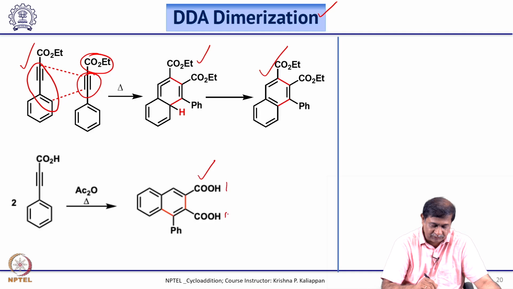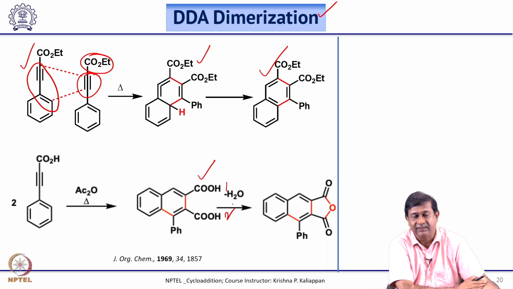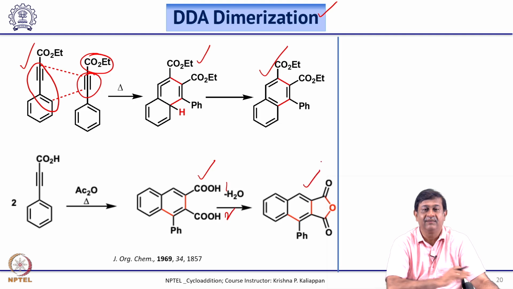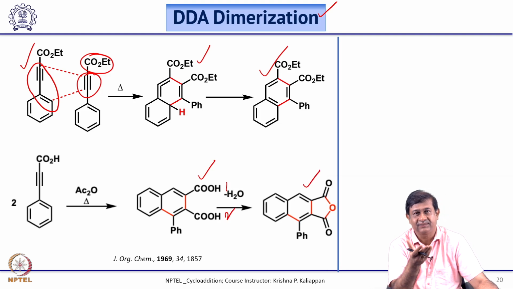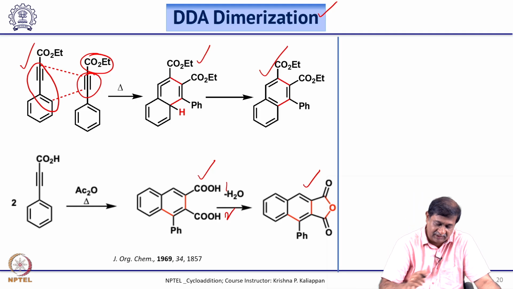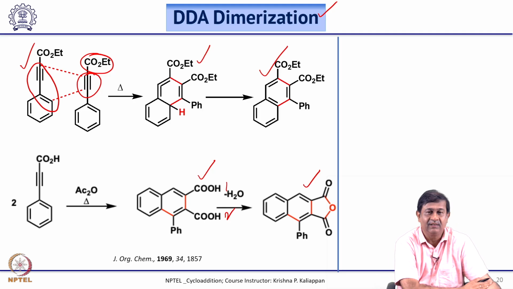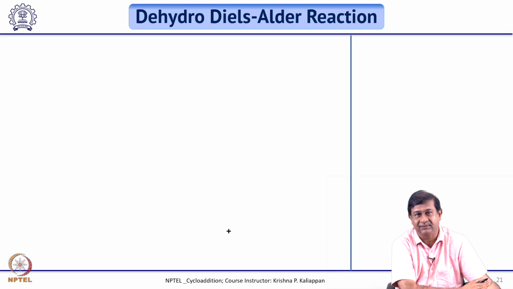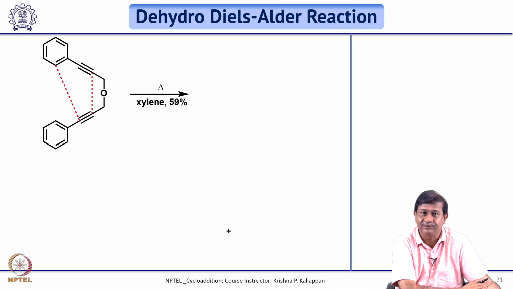This 1,2 dicarboxylic acid will undergo anhydride formation to give this product as the final product. Acetic anhydride is well known to form anhydride if you have 1,2 dicarboxylic acid. So by making subtle changes in the reaction conditions, one should be able to make polysubstituted aromatic compounds using the Dehydro Diels-Alder reaction.